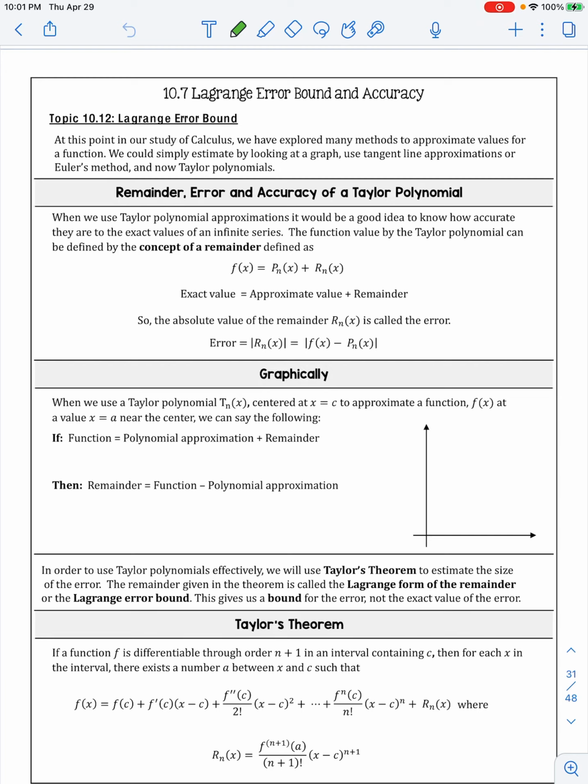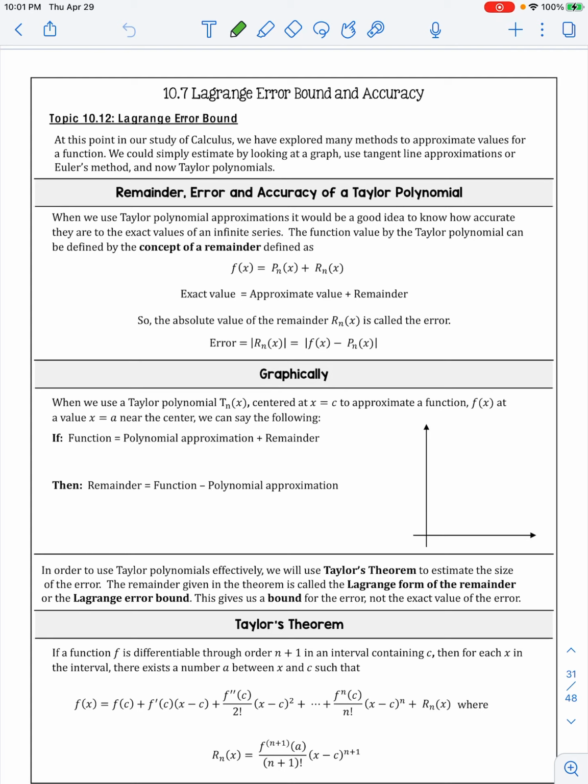When we use Taylor polynomial approximations, it would be a good idea to know how accurate they are to the exact values of an infinite series. The function value by the Taylor polynomial can be defined by the concept of a remainder, defined as f of x is equal to the polynomial sub n of x plus the remainder sub n of x.